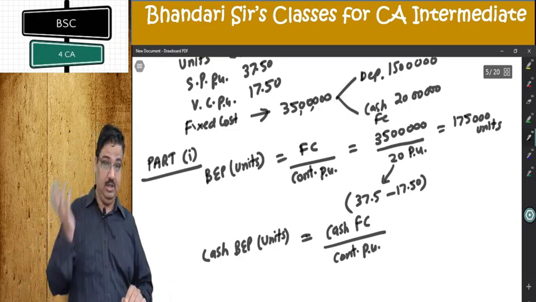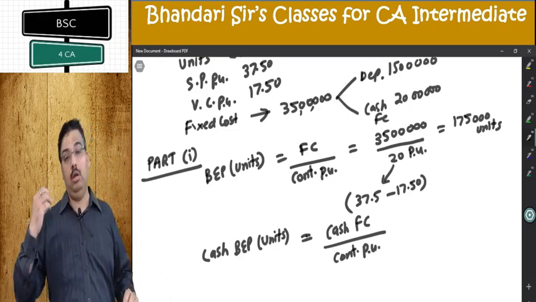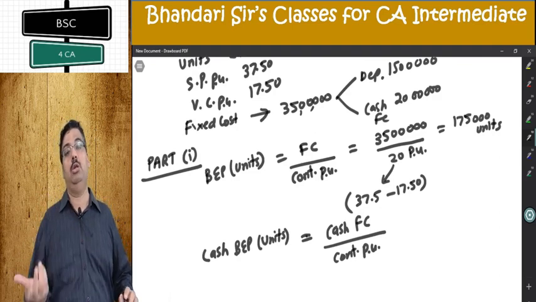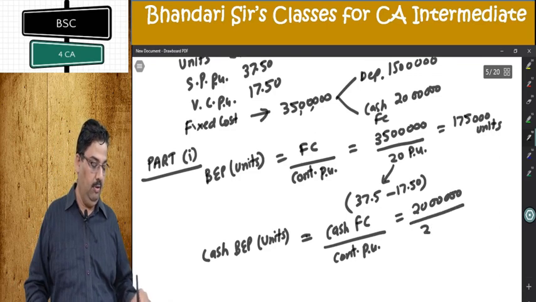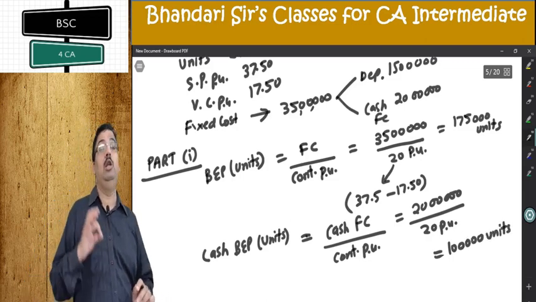That is why depreciation was given, so that you can deduct depreciation from fixed cost to get the cash fixed cost. Cash fixed cost is 20 lakh divided by 20 per unit. 1 lakh units.